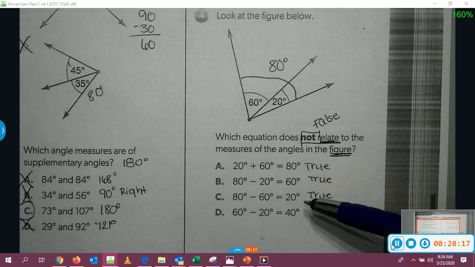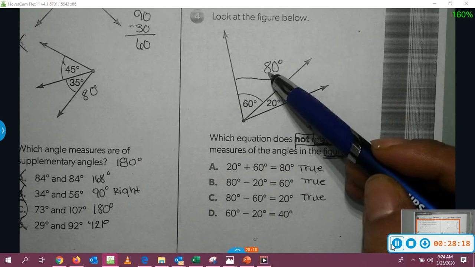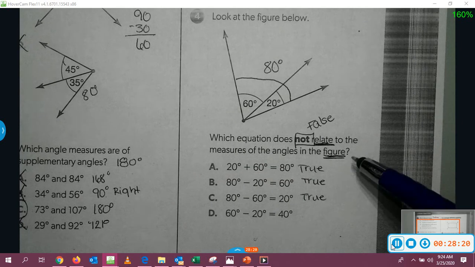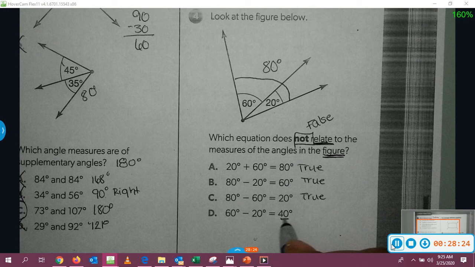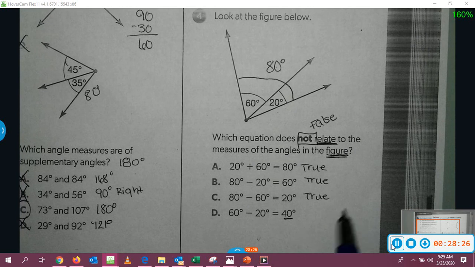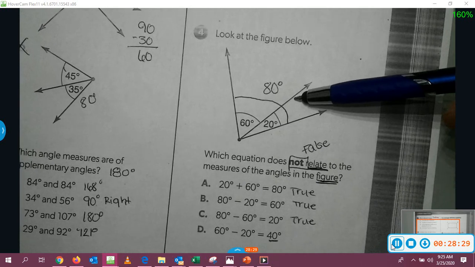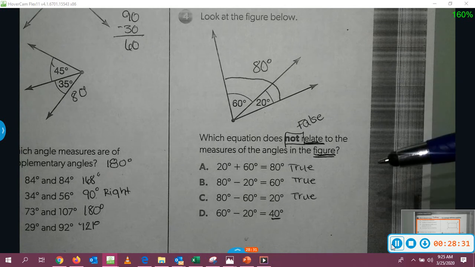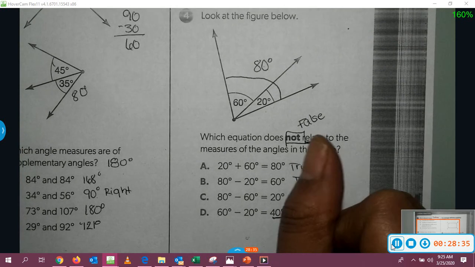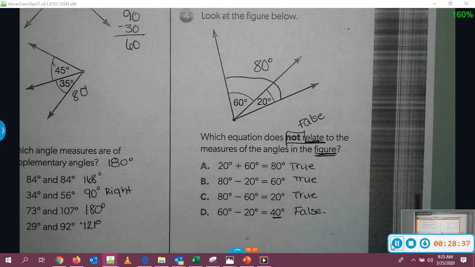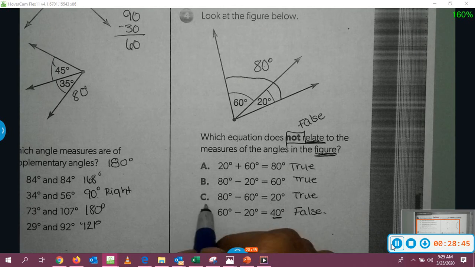If it has these three numbers, then you know you're looking at the right sentence to go with this figure. I don't see a 40 in it. That is a true statement. However, I don't see it in this figure. Do you? No, it's not in the figure. So the one that does not relate to this angle will be D.